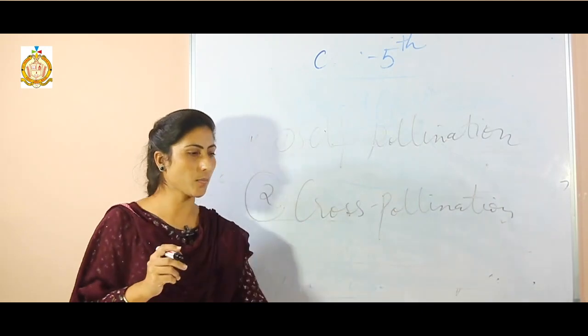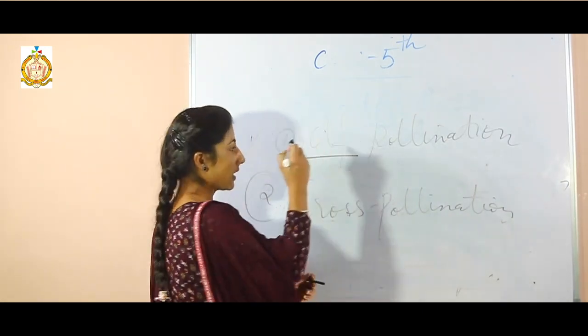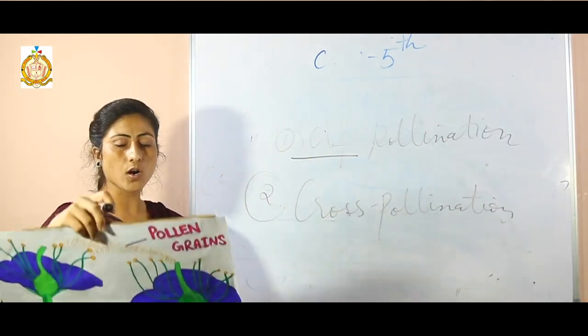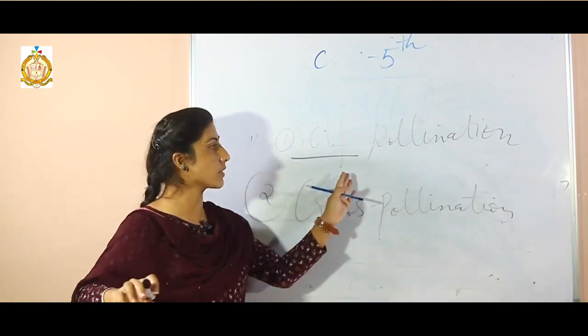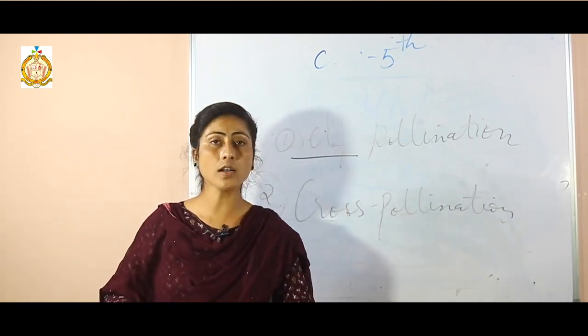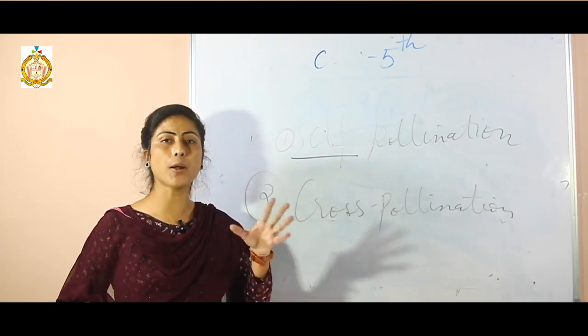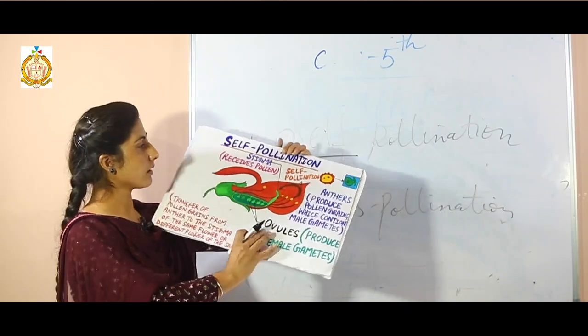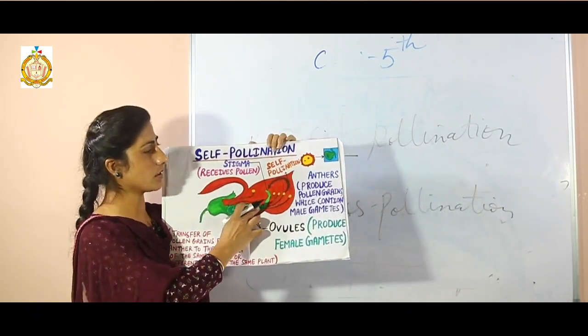Firstly, we will discuss self-pollination. It is the transfer of pollen grains from anther to stigma of the same flower or different flower of the same plant.